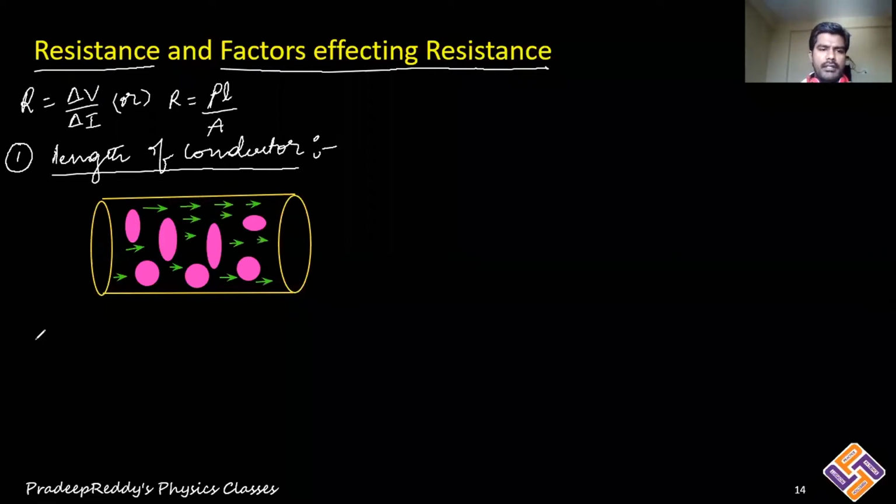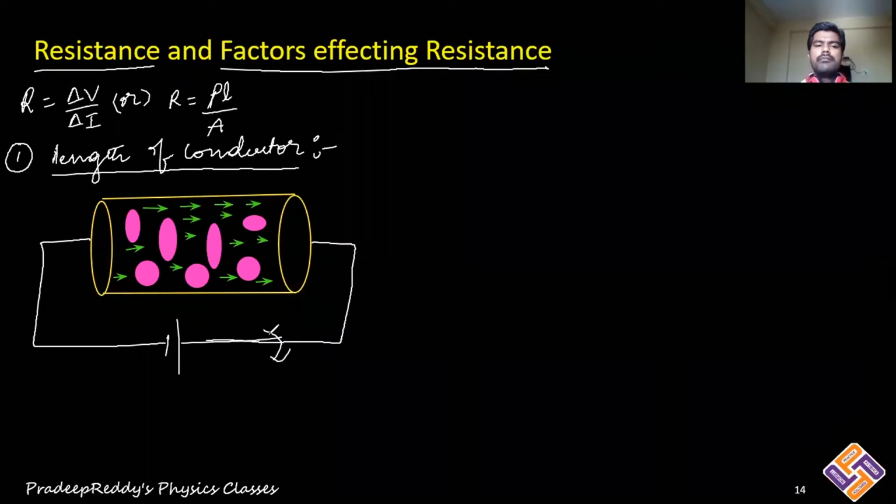Now you are taking a battery and connecting it from positive to negative terminal, along with one tap key. This is voltage V and this is the length of the conductor L. What actually happens is, when you are connecting a battery to a conductor, all these electrons will be drifted in a specific direction, of course opposite to that of the electric field.